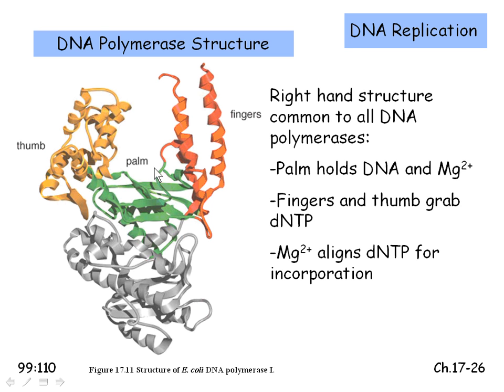The fingers and thumb help to grab the nucleotide and hold it in closely to the DNA substrate for nucleotide incorporation. As the nucleotide is being brought into the DNA, the magnesium helps to align it in the proper orientation so that it's perfectly aligned for incorporation onto the primer strand.